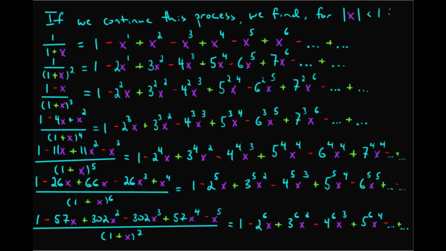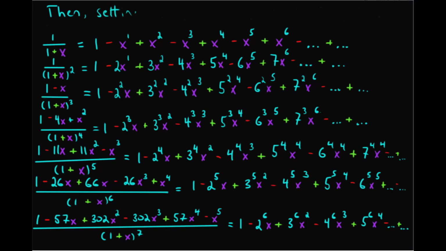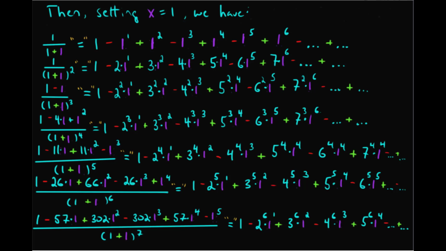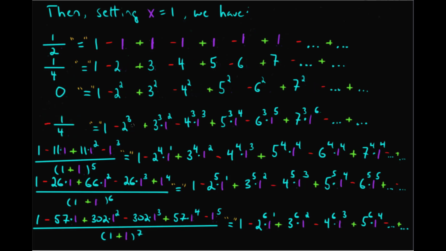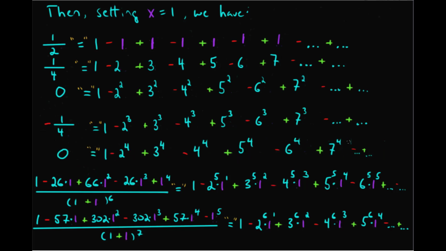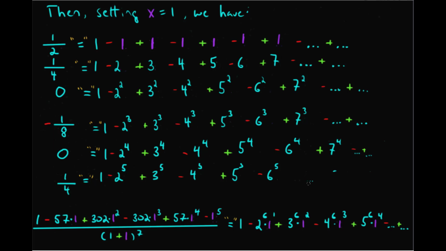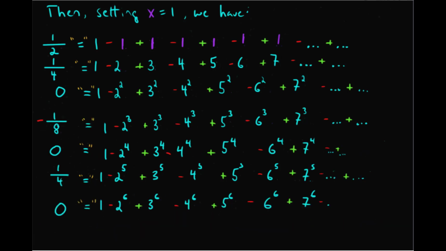And these series all converge over the interval absolute value of x is less than 1. Then when we set x equal to 1, these series all diverge at the boundary. However, the functions that represent these series over the interval of convergence do take on finite values, and so we associate those finite values for those functions with their associated divergent series.